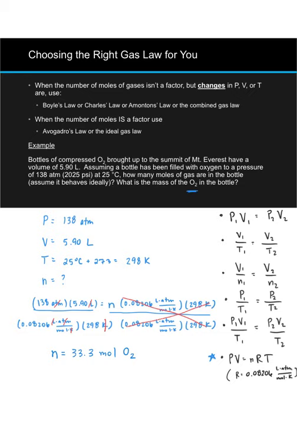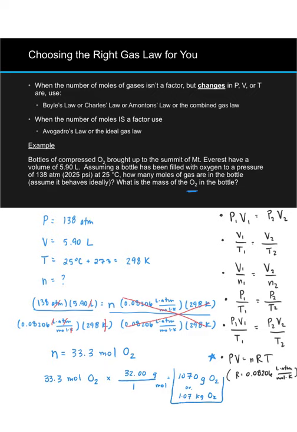So to finish this problem off, we can convert what's now moles of a gas of known identity into a mass using the molar mass of oxygen. We know that oxygen, O2, has a molar mass of 32 grams per mole. 33.3 times 32 to 3 significant digits is 1,070 grams, or 1.07 kilograms of O2.